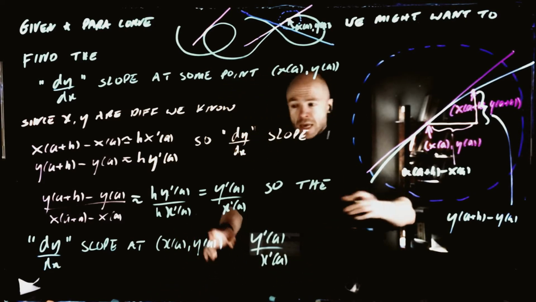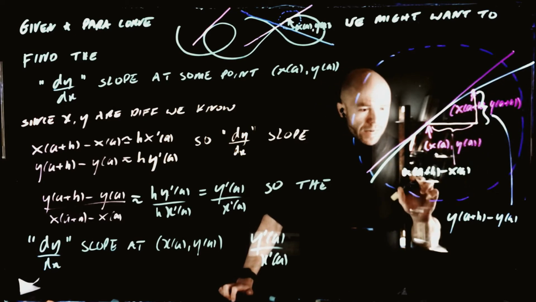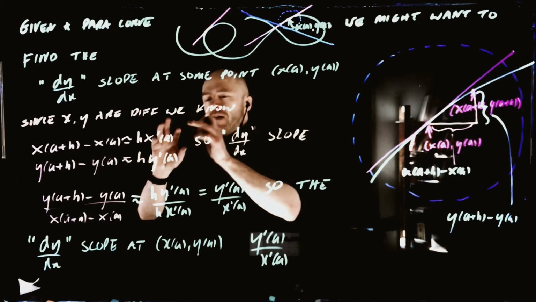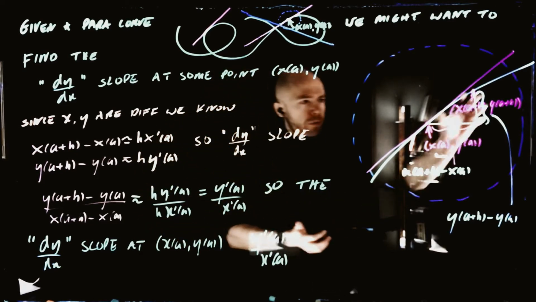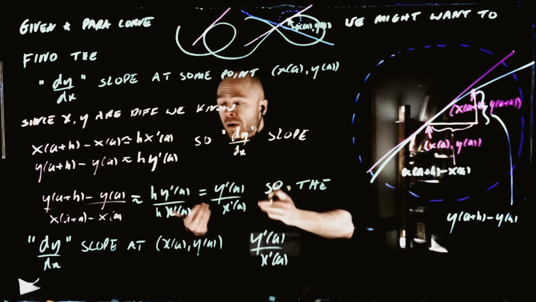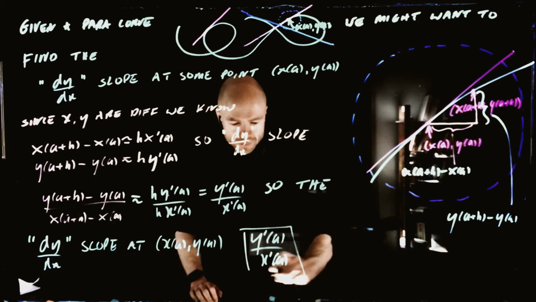And the error that we might have here, because x of a plus h minus x of a isn't exactly equal to this, goes down to 0 as h goes down to 0, which is what we do with this picture as we get the exact slope at this point. So in the limit as h goes to 0, this is exactly the thing.